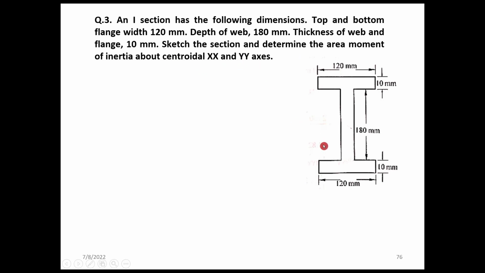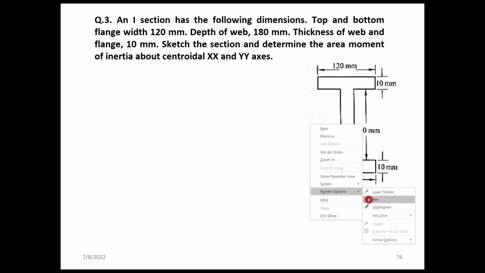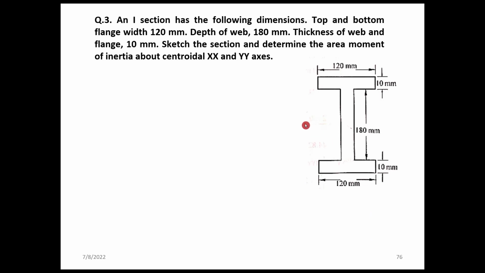So it's actually easy in the sense that the section is symmetrical with respect to the x axis as well as the y axis. The centroid will pass exactly through the center.